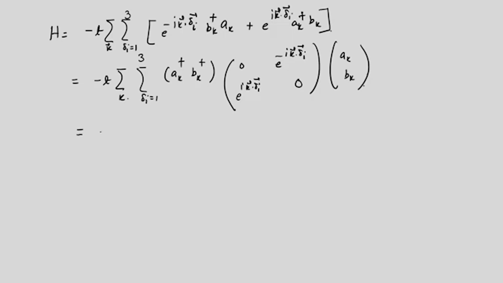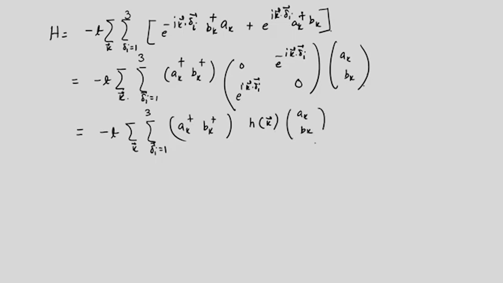So, this can be written as a sum over k, and again a delta i equal to, I may forget these vectors, but please put them. So, this is a k dagger, b k dagger, and then let us write this as h k and a k, b k. That is your Hamiltonian.